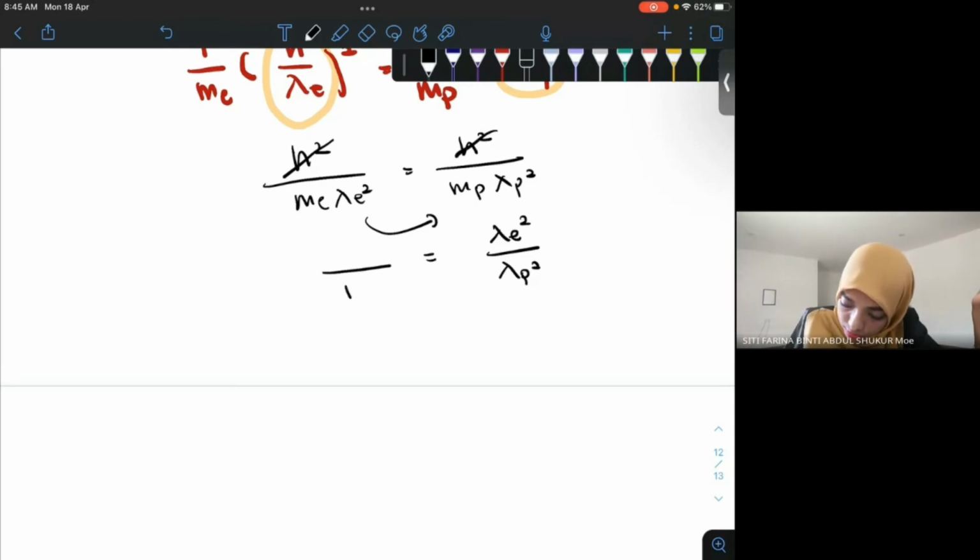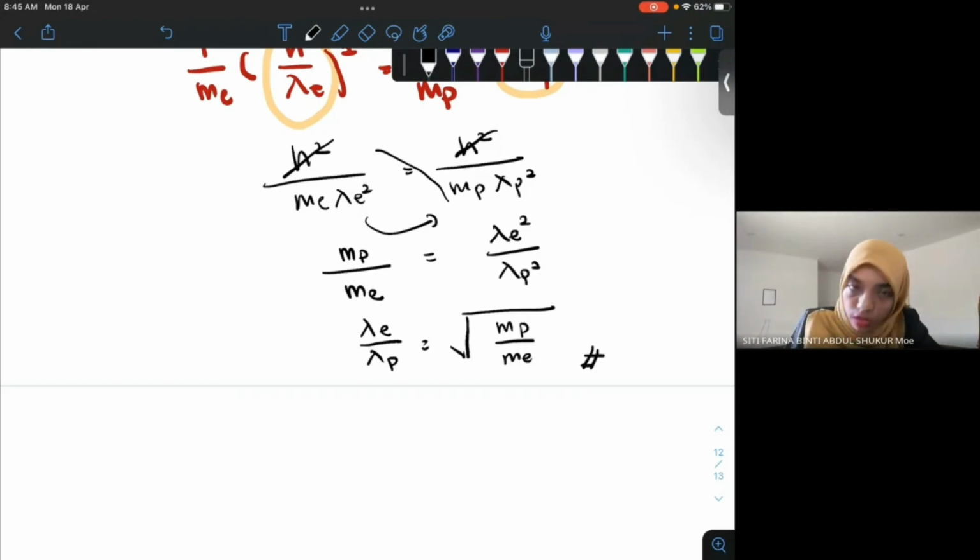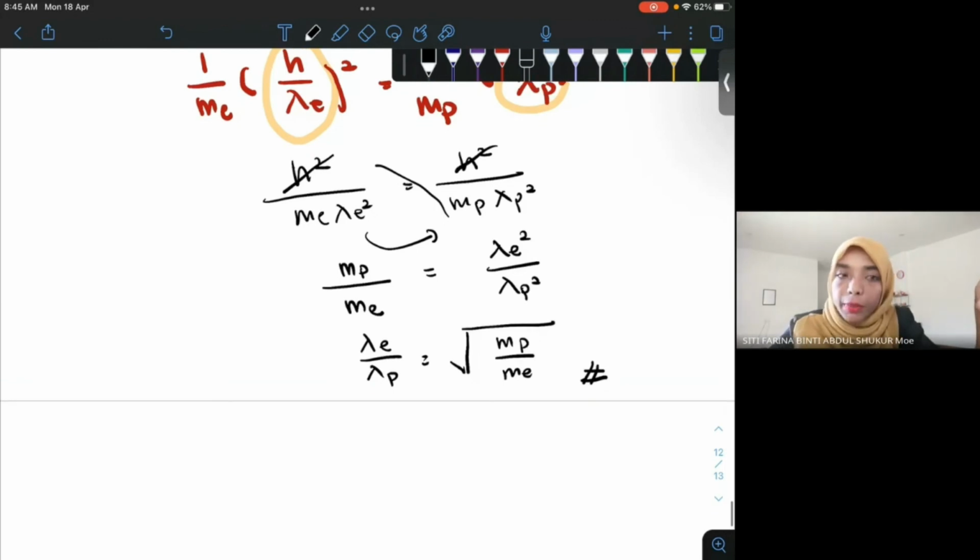So me saya kekal, mp saya bawa ke sini. So dia akan jadi mp. So I will end up with lambda e over lambda p is basically square root of mass of proton to the mass of electron. Sampai situ sahaja. Tak payah masukkan nilai sebab dia kata dia nak in terms of mp dan me.